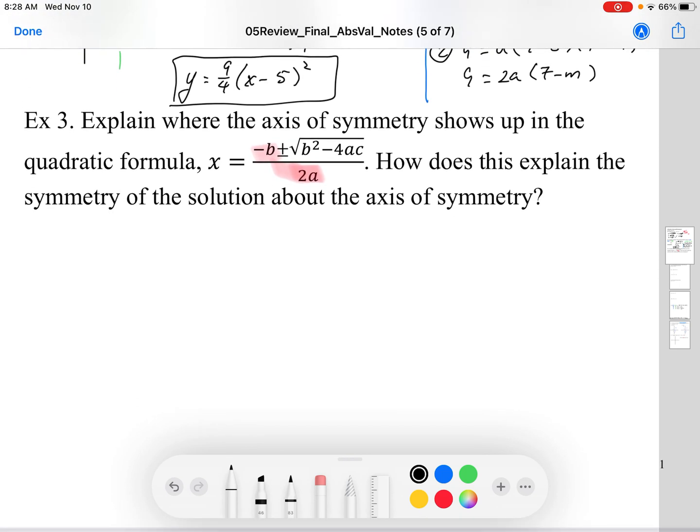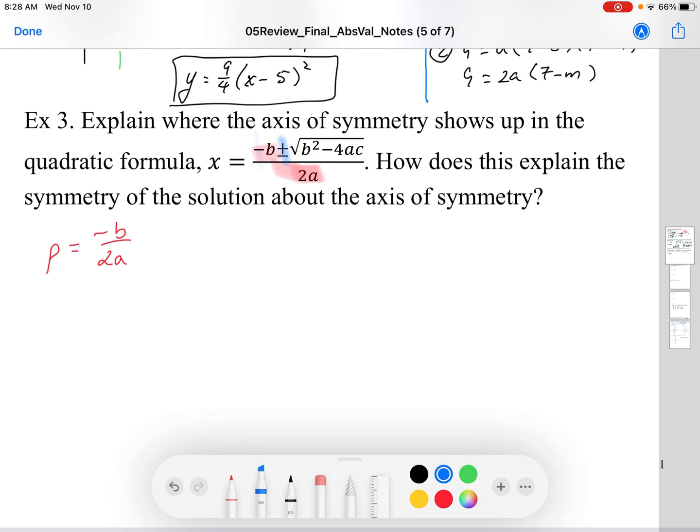Example 3 says, explain the axis of symmetry and how it shows up in the quadratic formula. What I've highlighted here is this part of the quadratic formula, and that is Vieta's formula. It shows up in the quadratic formula, and that is the middle of the graph. We can justify this being the middle of the graph because if we think about how the quadratic formula works, it's negative b plus minus.